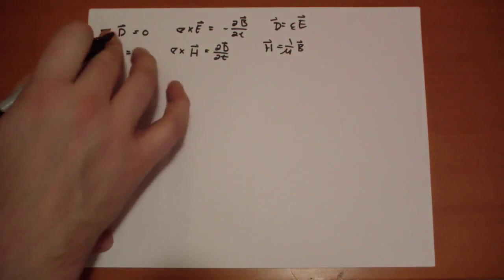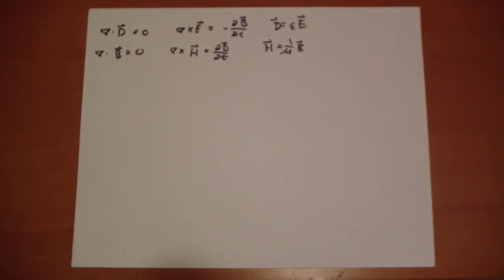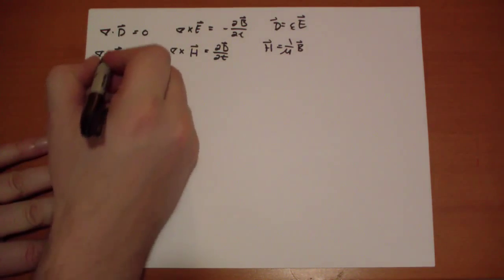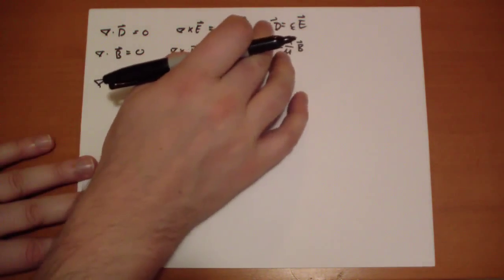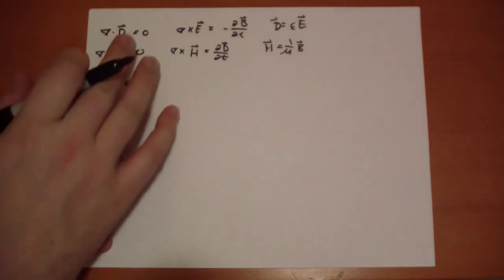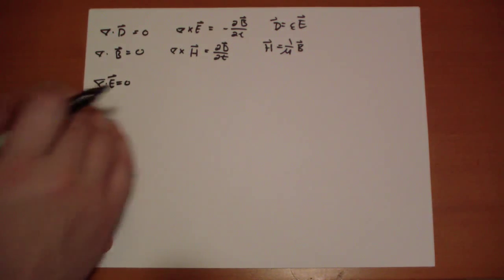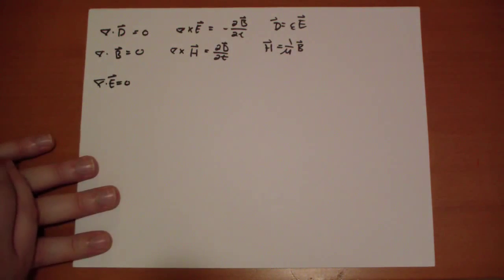So now we can plug these in for D and H, and you can reduce these equations. This one becomes the divergence of E is equal to 0, because E is proportional to D. The divergence of B is 0 stays the same, and this stays the same, that stays the same.